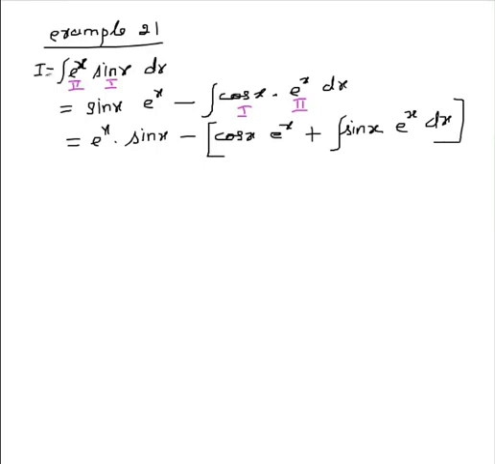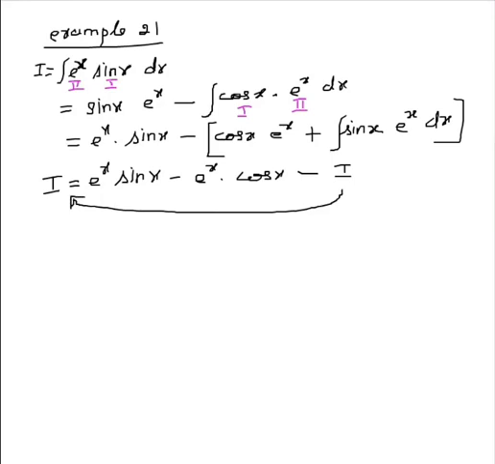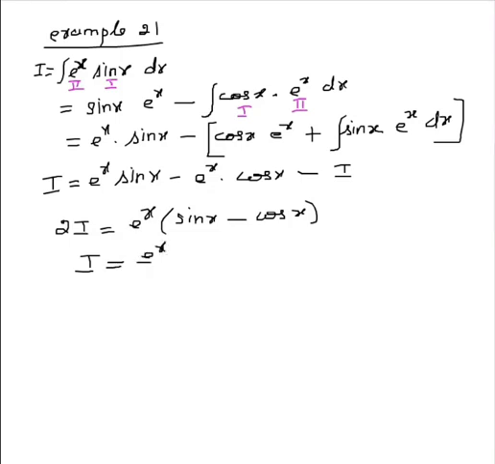Let us take the given integral as I. E power x sin x, distribute this minus sign, e power x into cos x minus, I can write this as I. Here also I have I. Now take this I which is on the right hand side to the left hand side. It becomes 2I. E power x is common in these two terms. Now find I. So I is e power x divided by 2 times sin x minus cos x and plus c.